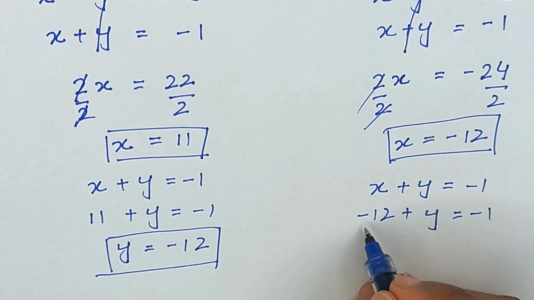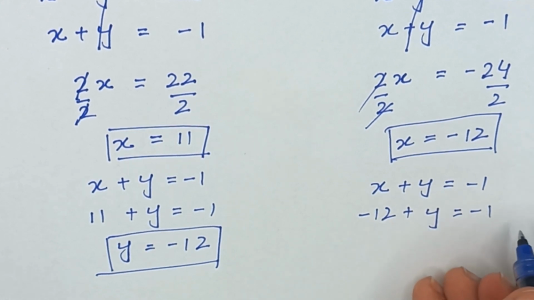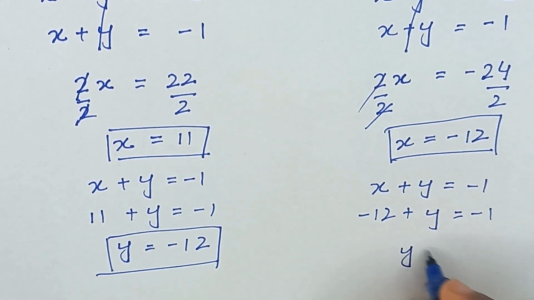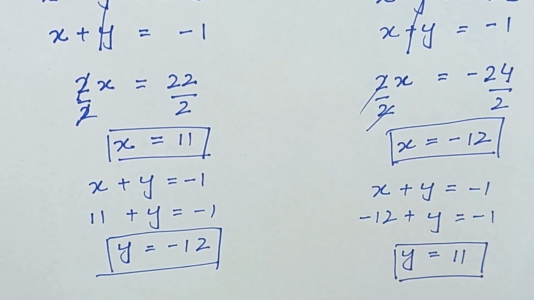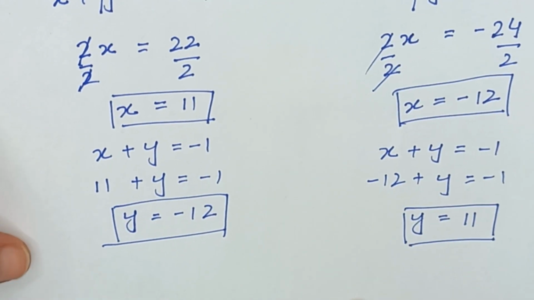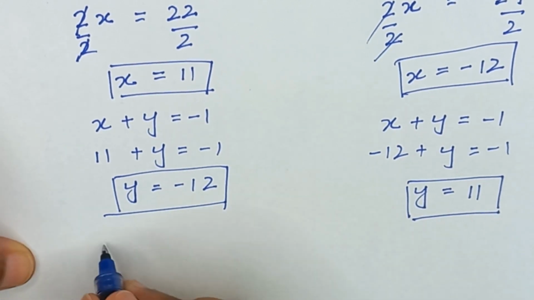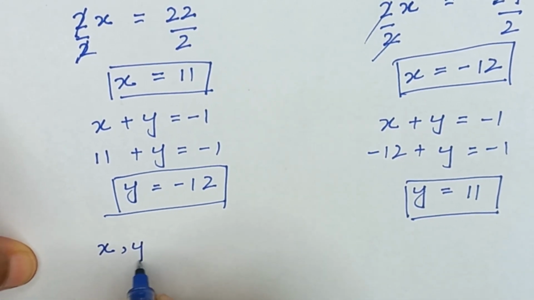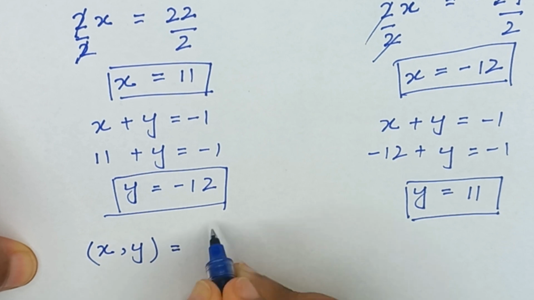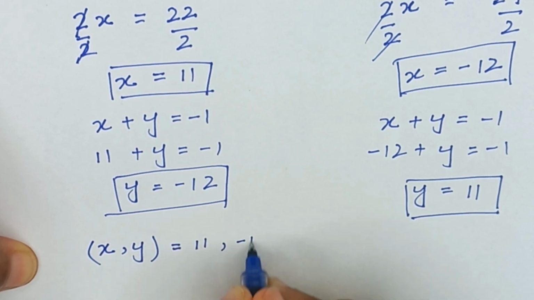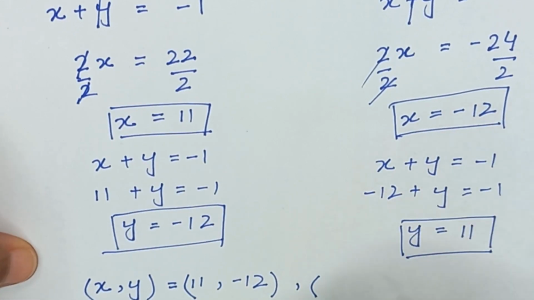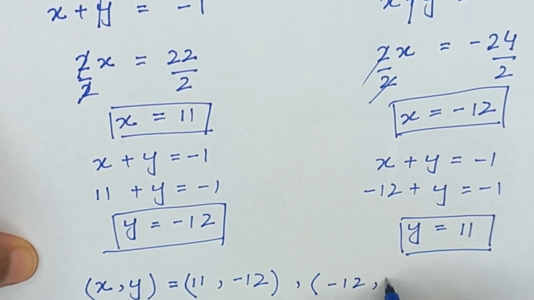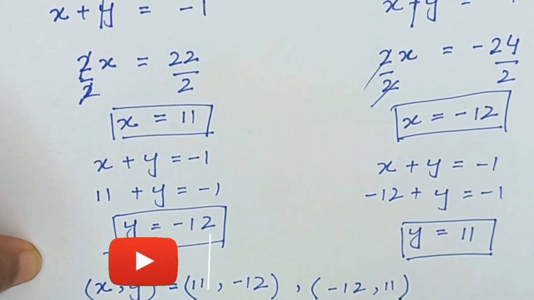And I will take this negative 12 to the right hand side, so it will become positive 12. So the value of y will be 11. Okay, so here we have two values of x and two values of y. When x is 11, y is −12. When x is −12, y is 11.